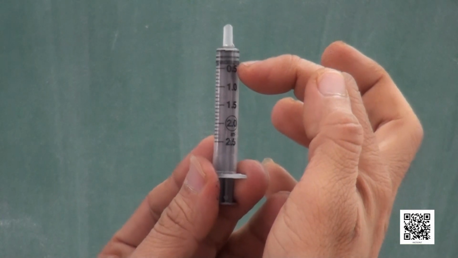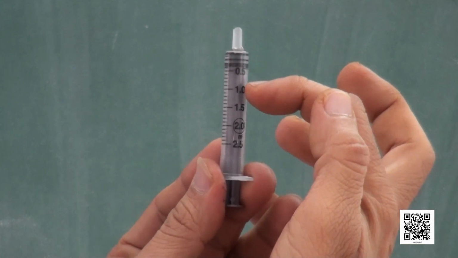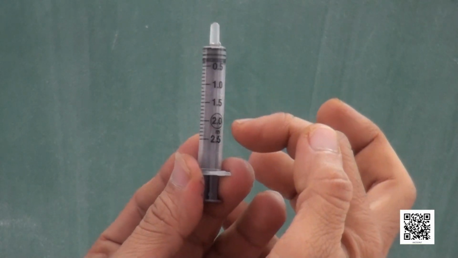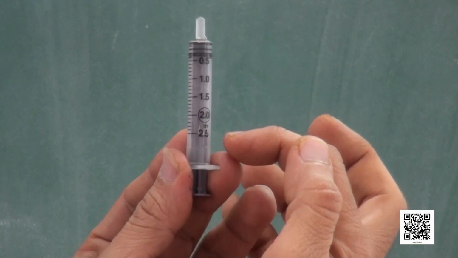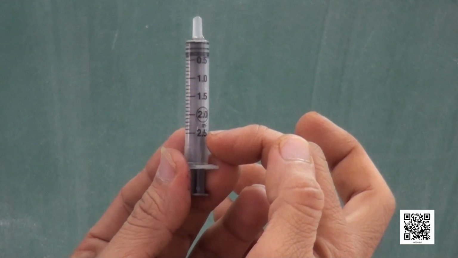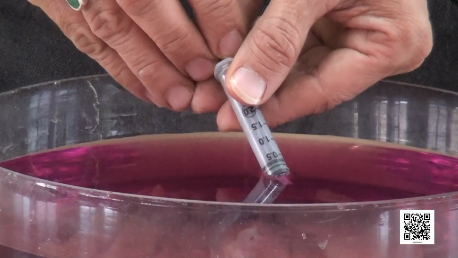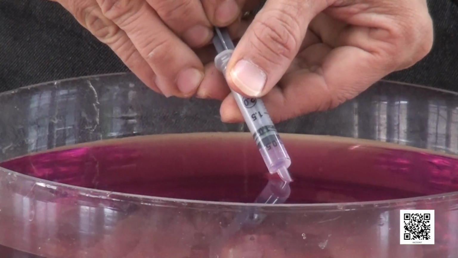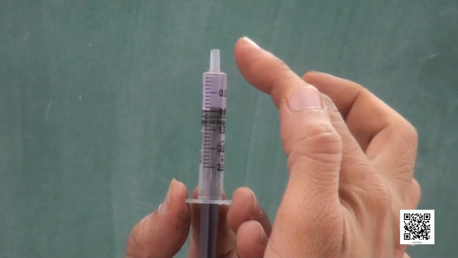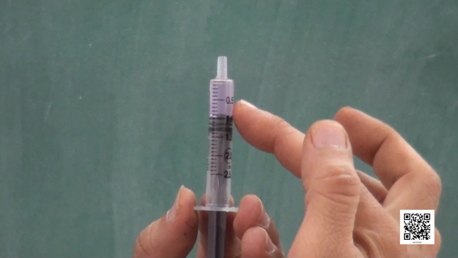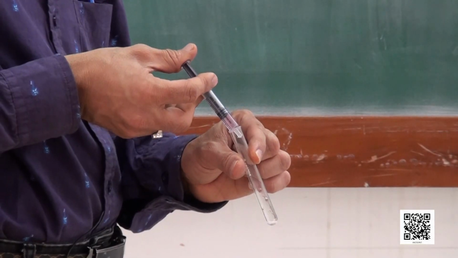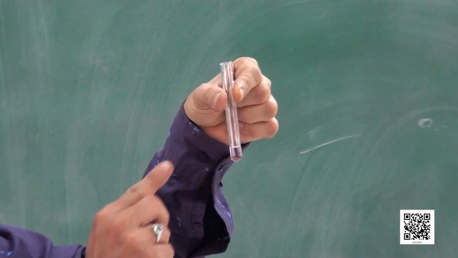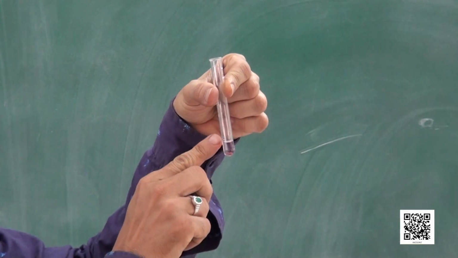Up to here 0.5 milliliters, up to here 1 milliliter, up to here 1.5 milliliters, up to here 2 milliliters, and up to here 2.5 milliliters. Children, this much is 1 milliliter.